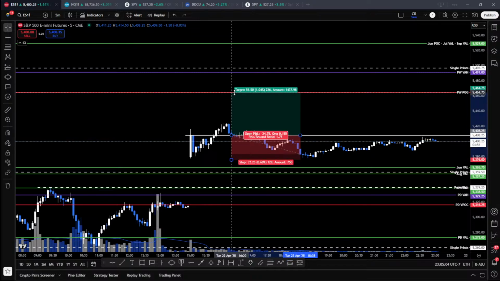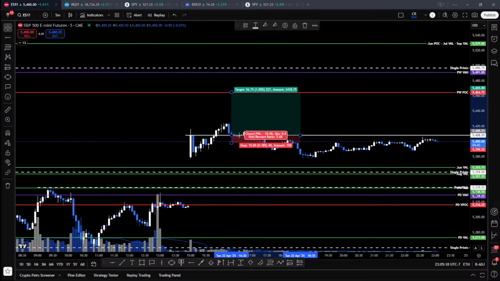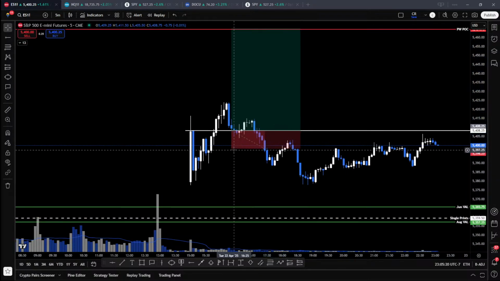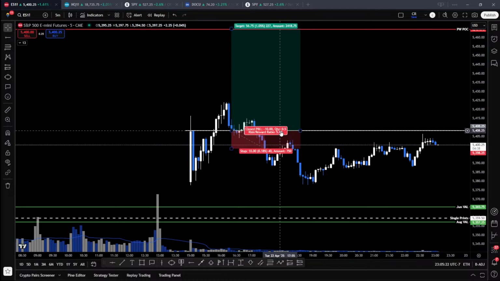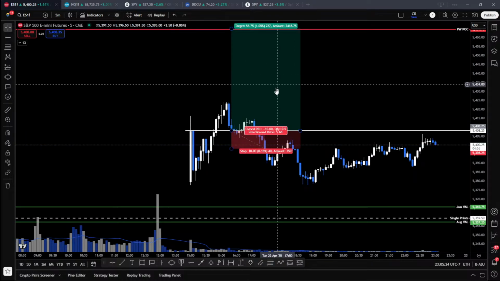So it was over a 5-to-1 risk to reward. My stop loss was at, sorry, 98. It's not going to let me get it exact, but something like this. So I was getting over 5.5-to-1 risk to reward.